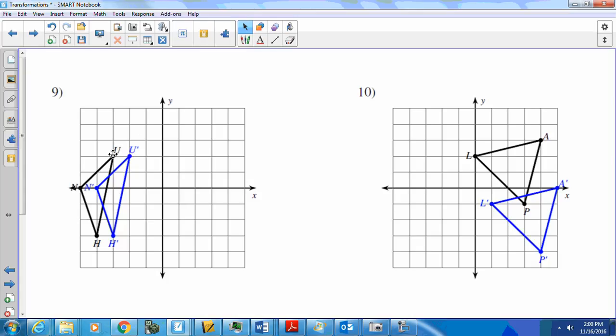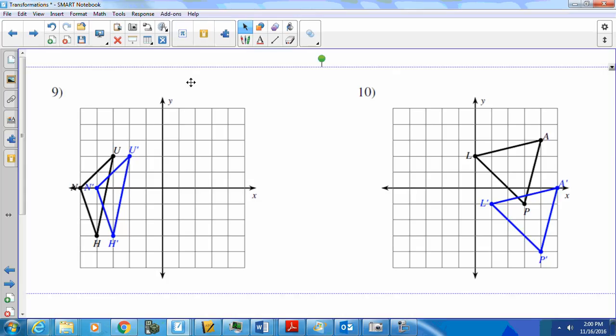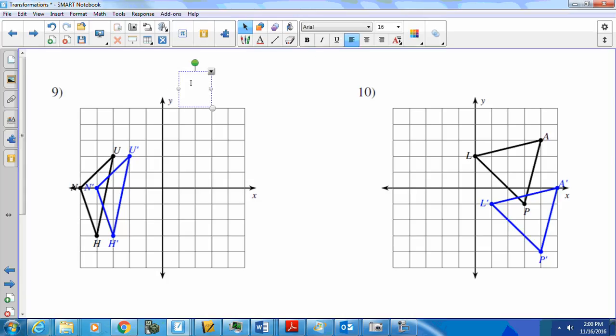So what happens from U to U prime? Well, you go over to the right, which is positive 1, and then you don't go up or down at all. So the translation would be, you could write, move to the right 1 unit, and that's it, really.